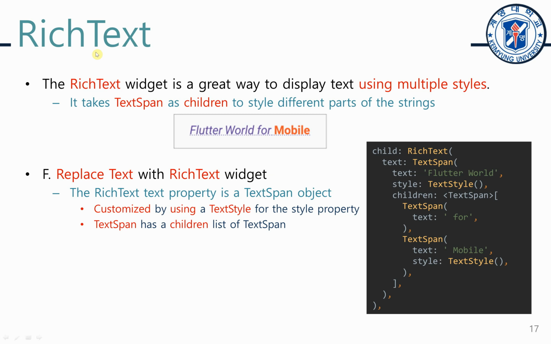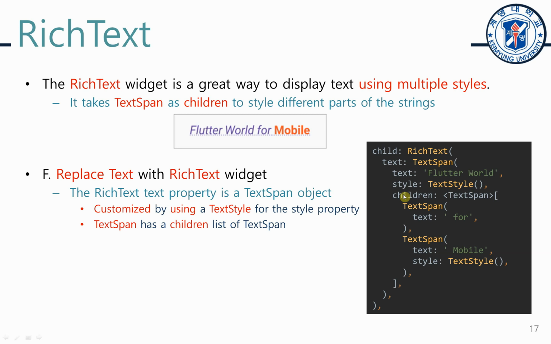In this rich text widget, we can use multiple styles at the same time, and it also takes text span as its children. So you can see that I have rich text which has a text property, and then we can use the text span widget which can also have children.